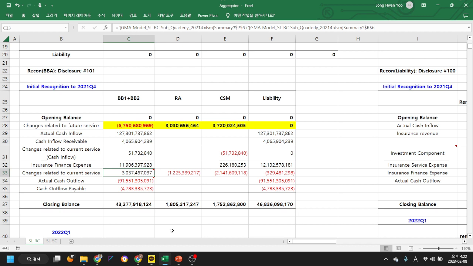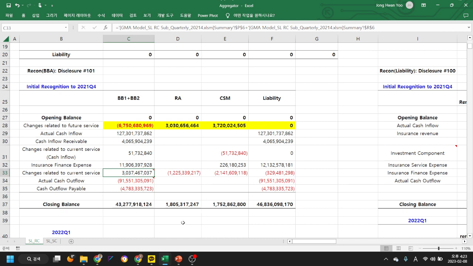And during that period, I provide the policyholder with the insurance service. I provide coverage, and out of it, maybe the risk adjustment, I claim this amount as profit during this period. And CSM got allocated for each remaining coverage period.